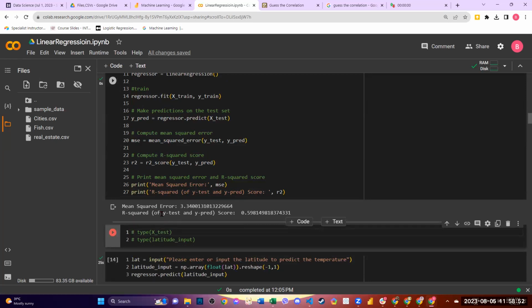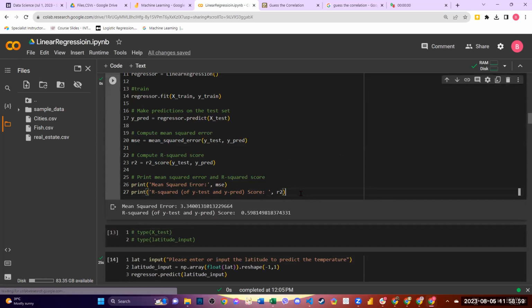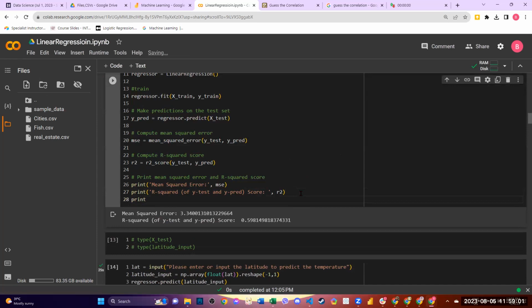To be clear, the R squared of y test and y prime. So what is the actual R squared?